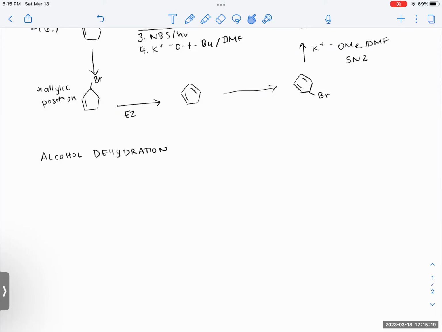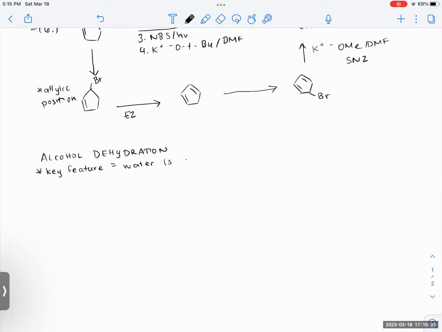Okay, so for alcohol dehydration, the key feature with this is that water is a very good leaving group. LG stands for leaving group.